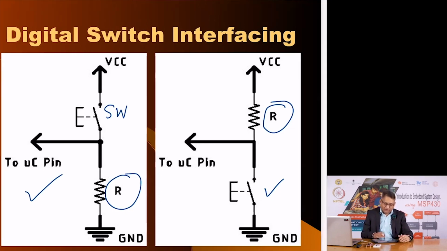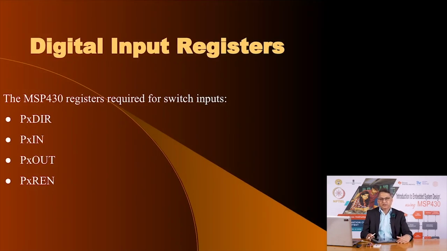Now, let us look at what registers to program so that we can connect a switch on an input output pin, configure the pin as input, and without having to use external resistors, invoke the internal feature to use either a pull up function or a pull down function.